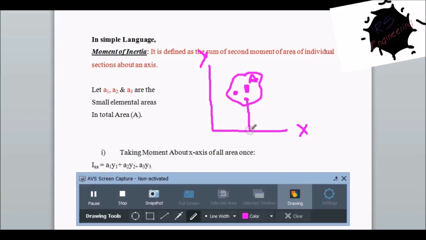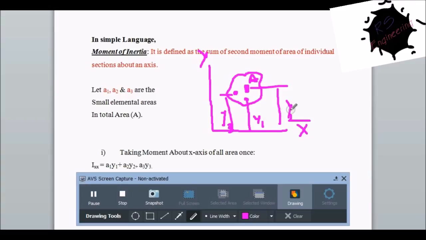So the distance between these, what is this? This is y1, this is y2, and this is y3.